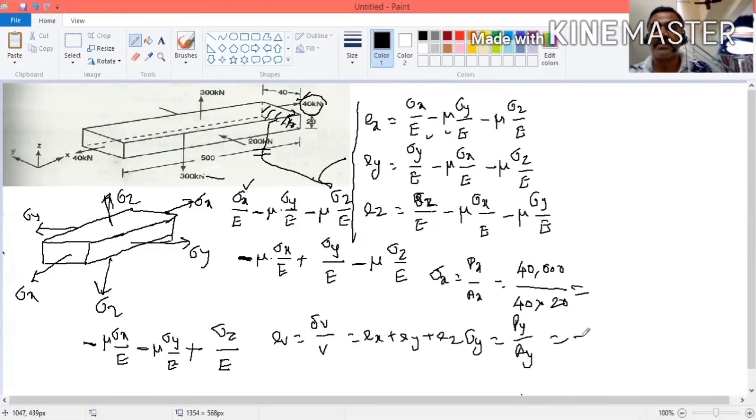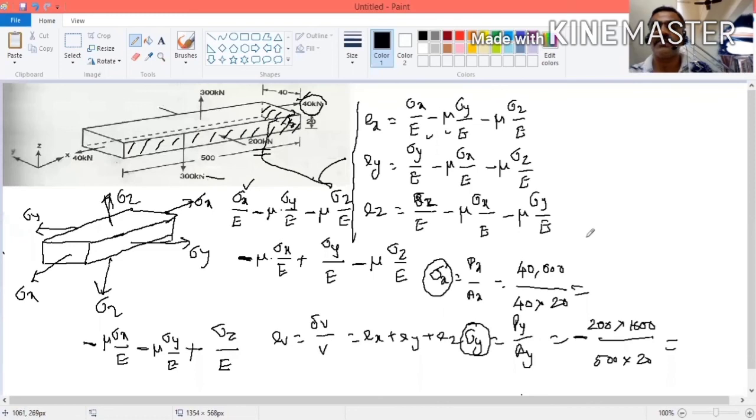So minus, if it is compressive, you put minus 200 into 1000 divided by cross section area. What is the cross section area for this? 500 into 20. This will give sigma y. Sigma x we calculated, sigma y you calculated.